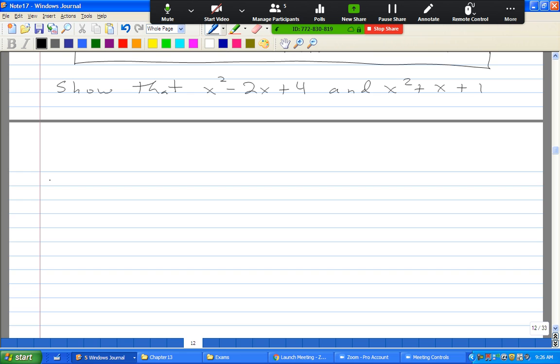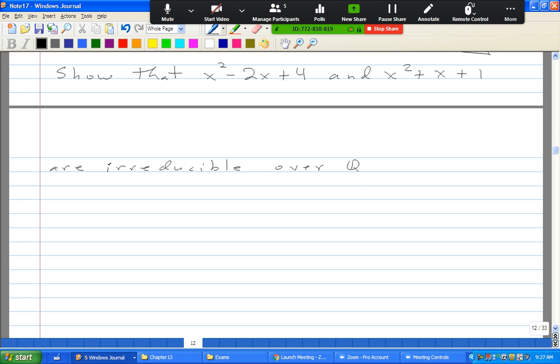So I want to show that these are irreducible over the rational numbers. Okay. So recall the discriminant D = b squared minus 4ac.